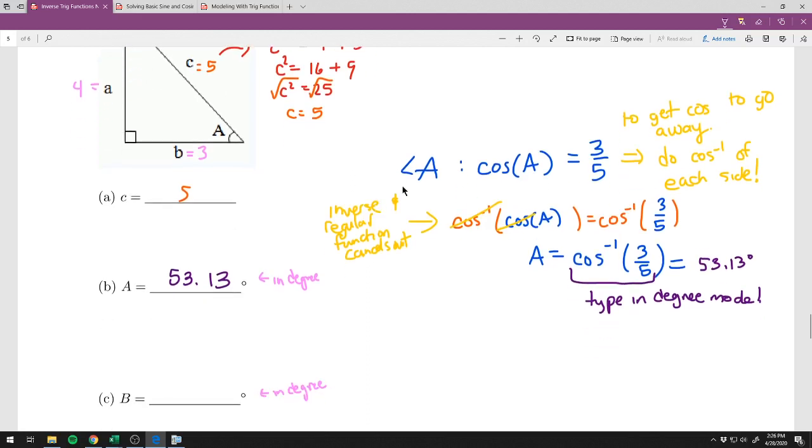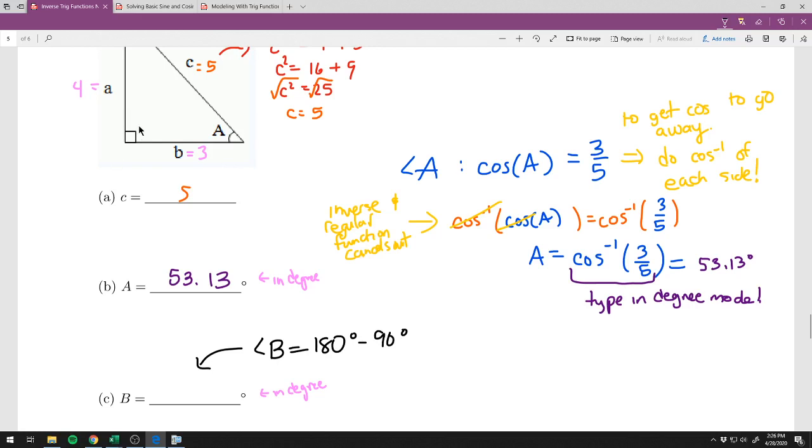All right, now for angle B, since now we have 2 of the 3 angles, you can still do something with the inverse trig functions, or you can just do 180 minus the other 2 angles. And I pretty much would say, unless you really want to practice the new stuff, which there's nothing wrong with, just keep in mind that angle B would be 180 degrees minus the other.